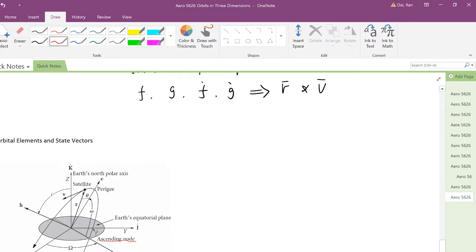It extends outwards from the origin through the ascending node. At the other end of the node line, where the orbit dives below the equatorial plane, is the descending node, which is the opposite dashed line. We labeled it on the plot.